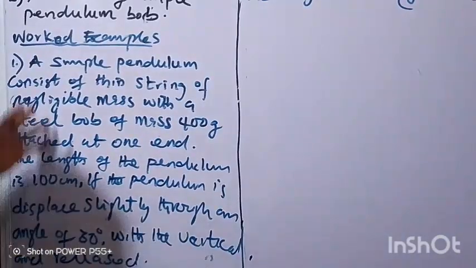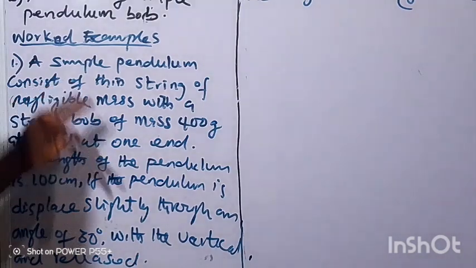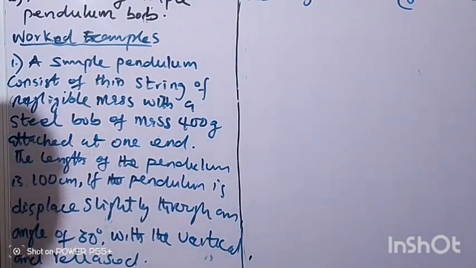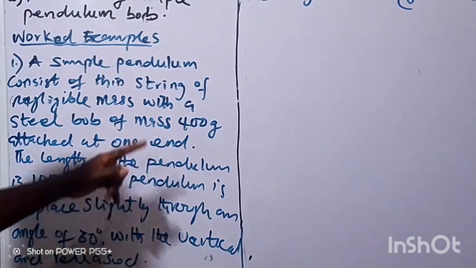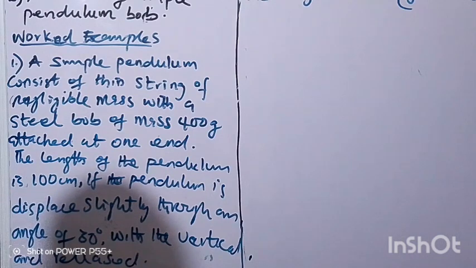Let's take this one as example 1 under this vibrating simple pendulum. The question goes thus: a simple pendulum consists of thin string of negligible mass with a steel bulb of mass 400 grams attached at one end. The length of the pendulum is 100 centimeters.